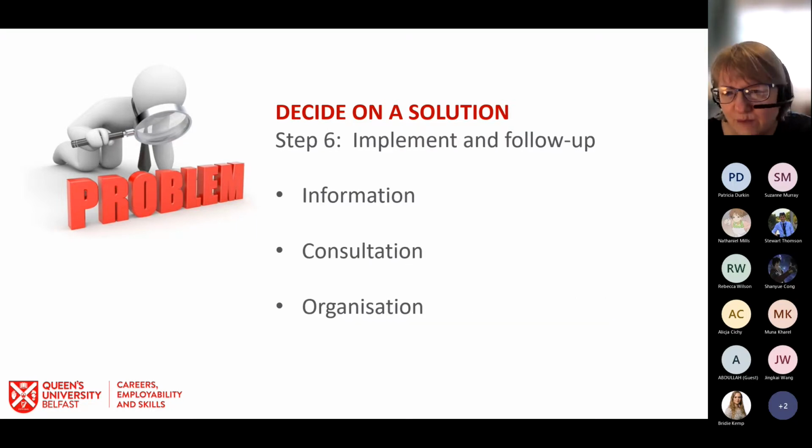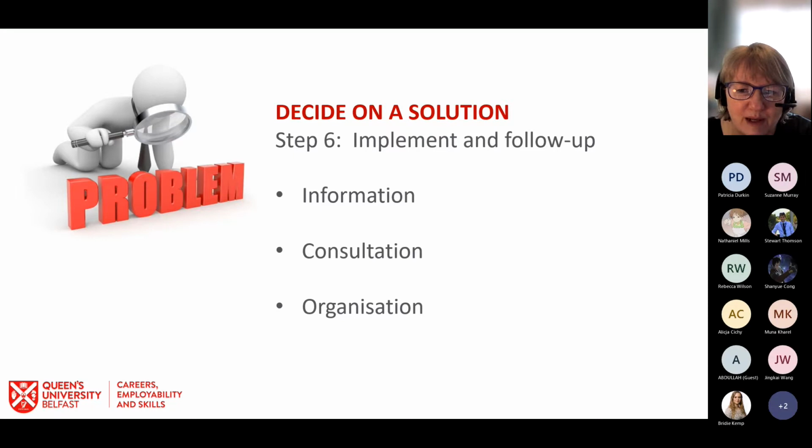So the final very important step then is implement and follow up. If you're very lucky, the solution you come up with will sort the problem and everyone will be happy. But chances are the solution might have implications for those that have to put it into effect and that may not be entirely happy with it.